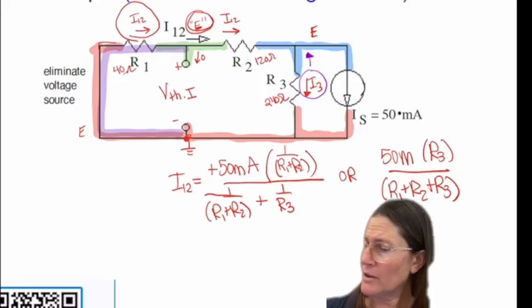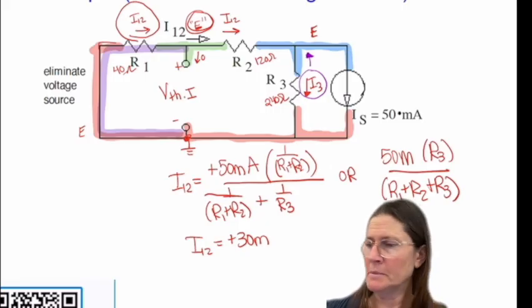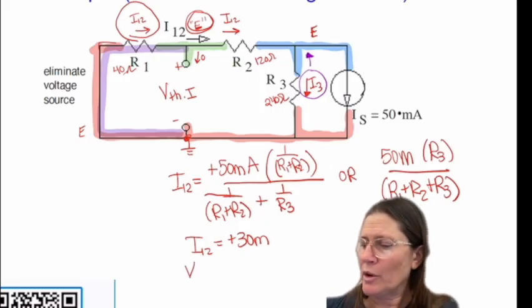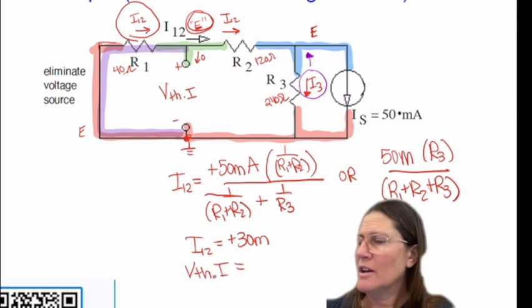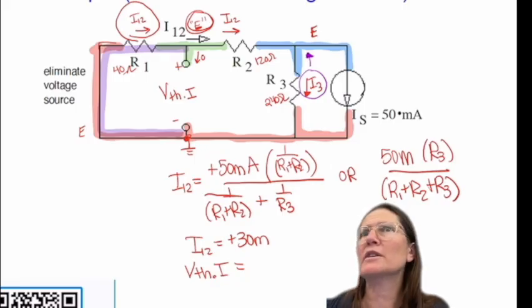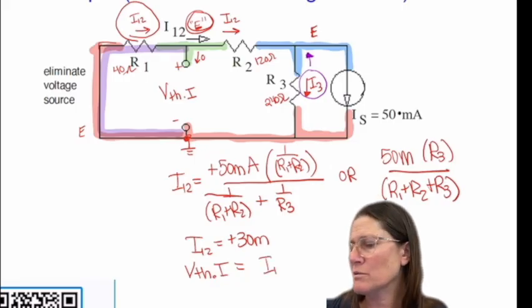So this gives a value of I12 as 30 milli. So now VTH, called the dot I, is going to be a plus or a minus of I12 times R1.